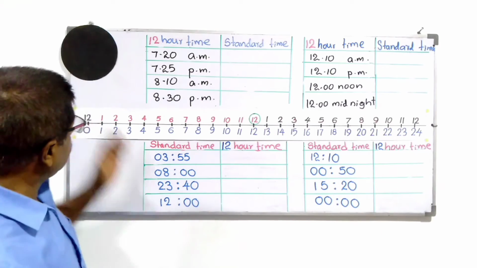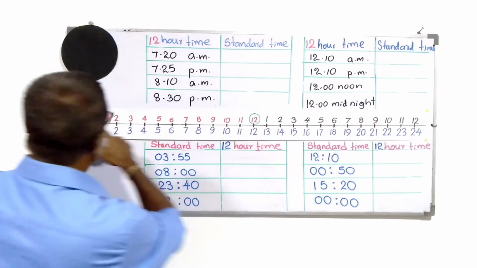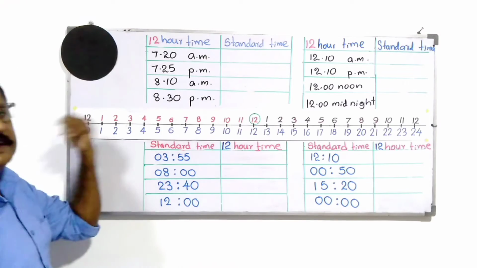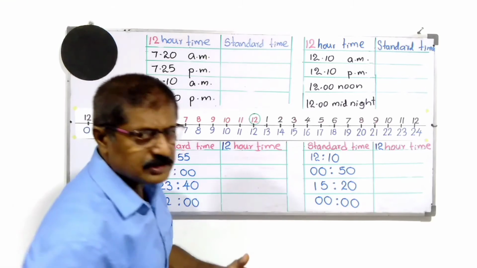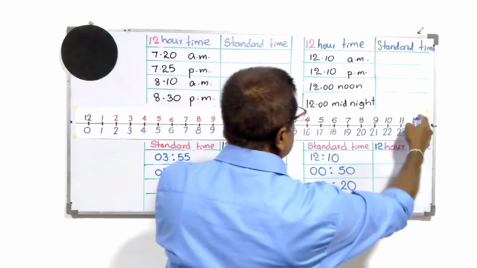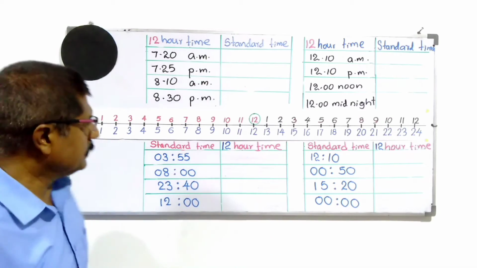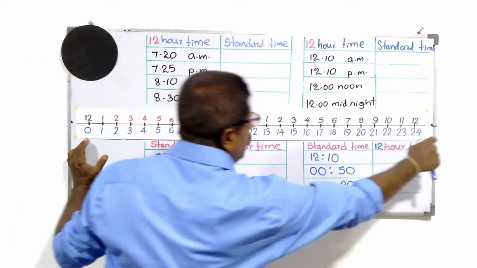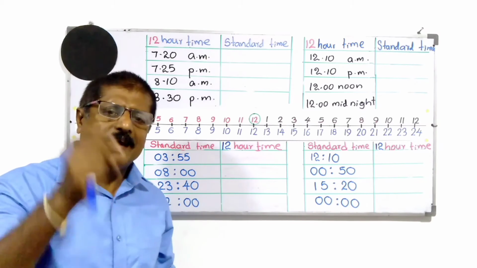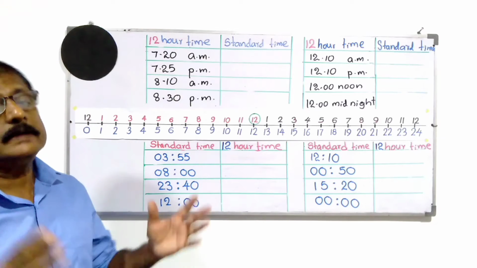The upper part, from midnight to 12 noon, written in red, denotes AM, while from here to here denotes PM after 12 noon. But this blue one indicates the same time in the 24-hour format, the standard format.